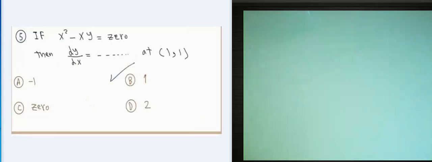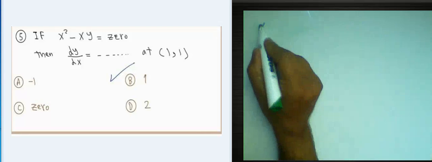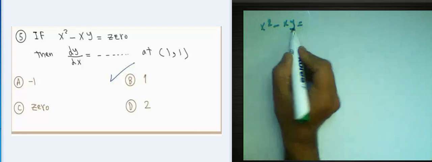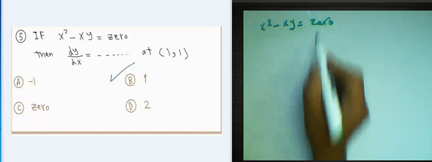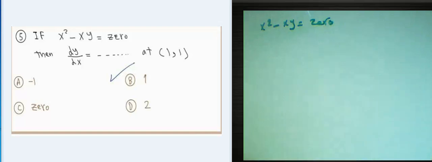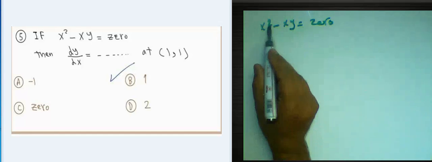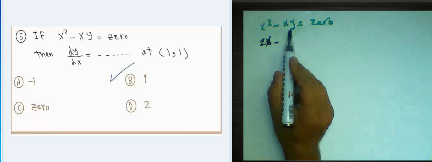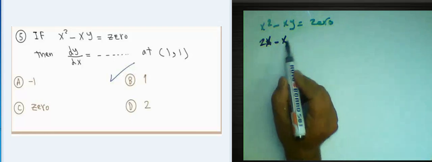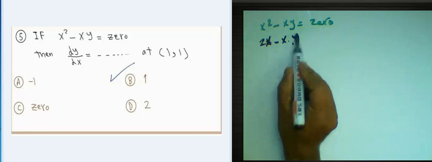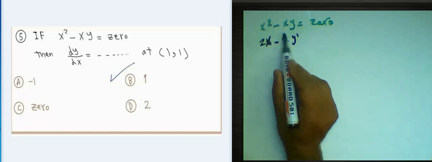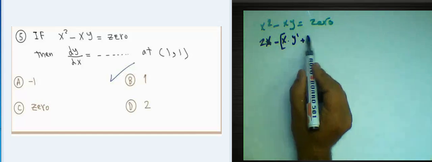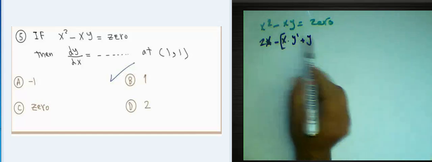Question number 5, x power 2 minus xy equal 0. We want to find the derivative of this function at point 1 and 1. We can find the derivative here of x power 2, it will be 2x, subtract the multiplication of two functions here: write the first, multiplied by the derivative of the second, plus the second multiplied by the derivative of x, which will be 1.